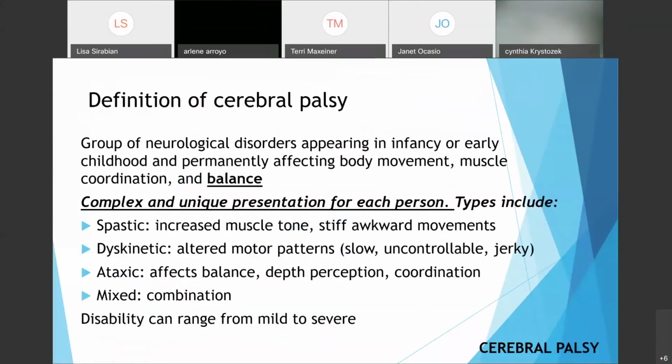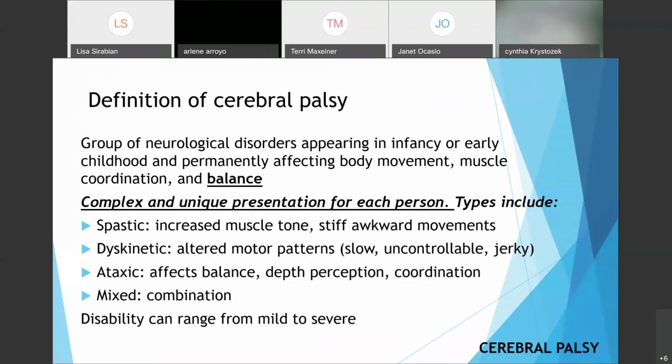All right, and then finally, this is the last of our neurologic disorders that we're discussing today. Cerebral palsy is a group of neurological disorders appearing in infancy or early childhood and permanently affecting body movement, muscle coordination, and balance. So people with cerebral palsy have a complex and unique presentation. There are different types. There's the spastic type, which shows increased muscle tone, stiff, awkward movements.